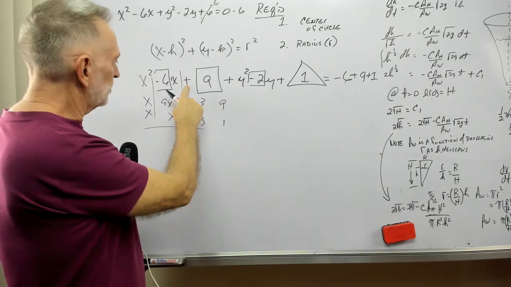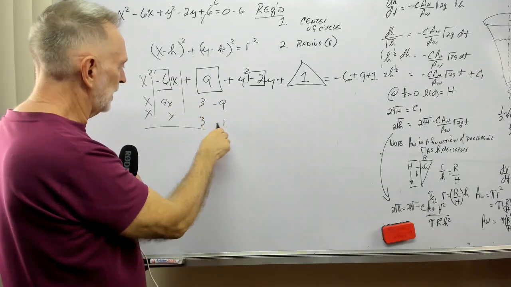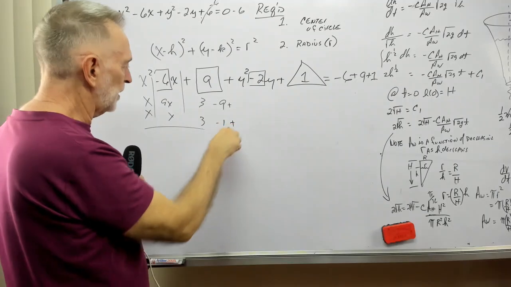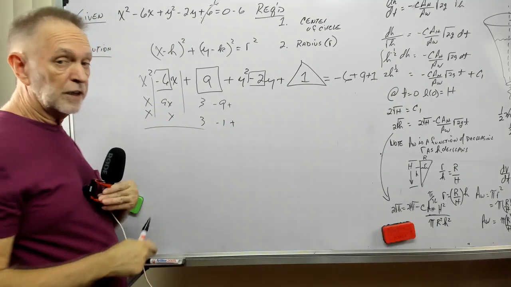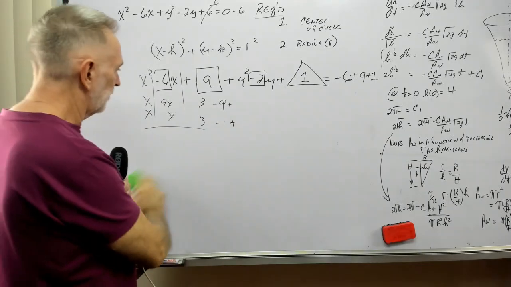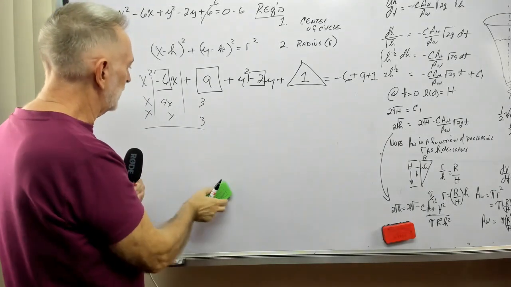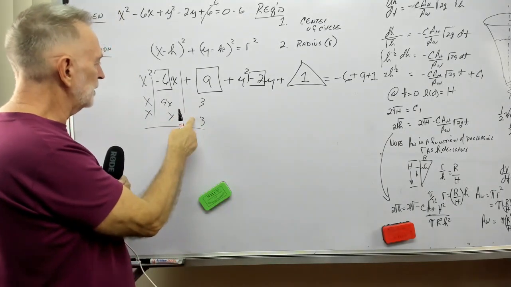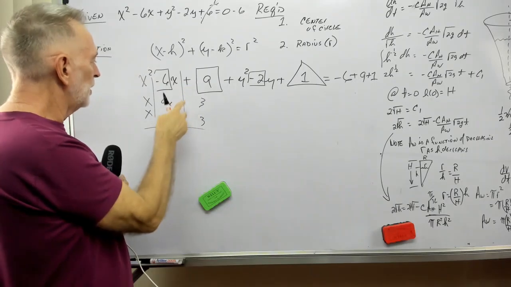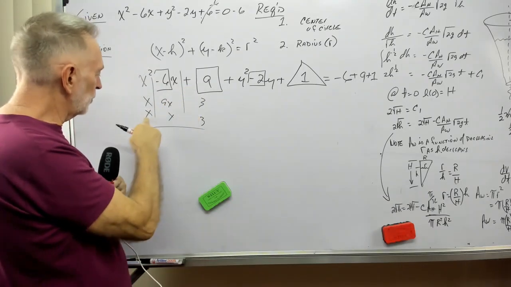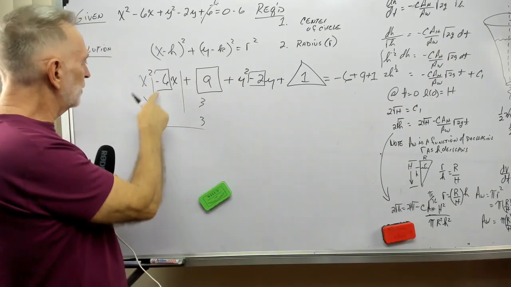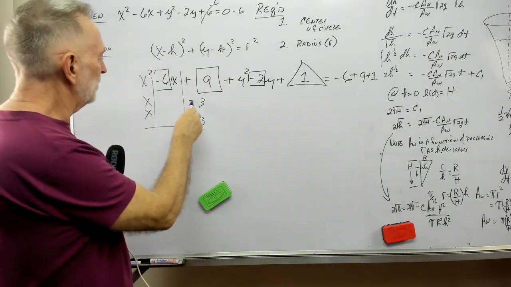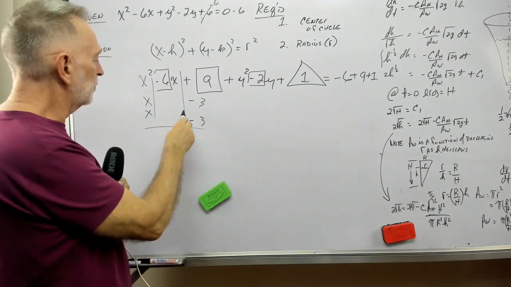But I need this to be positive here, so it could be negative, negative, could be positive, positive. But if it's negative, negative, these add together to give me 10x. So that's out. I need this times this to give me a positive number, but when cross multiplied and added together, it gives me a negative 6. So I'm thinking negative 3, negative 3.